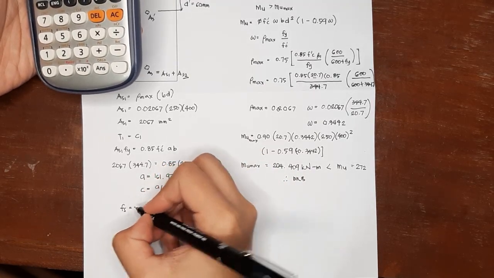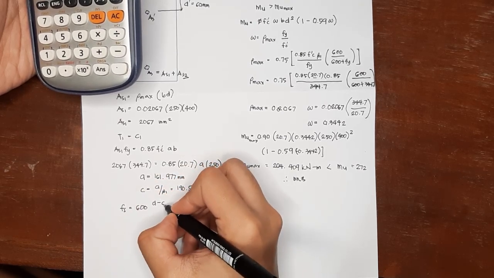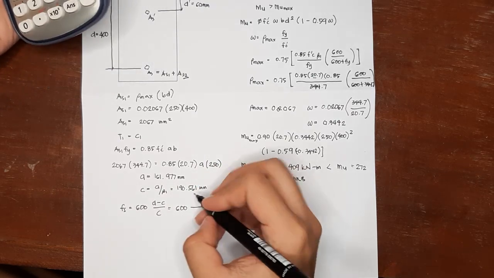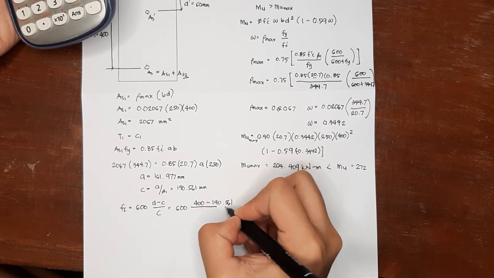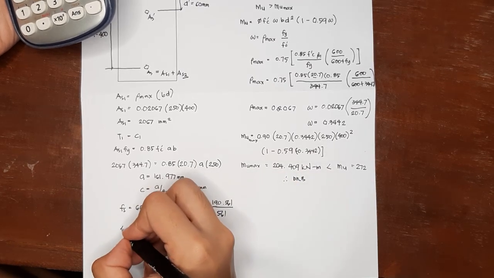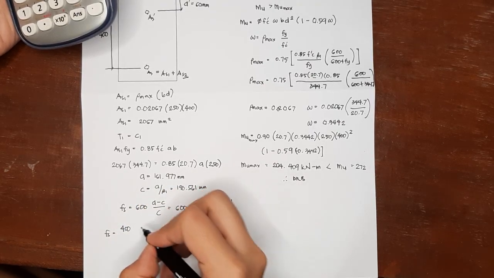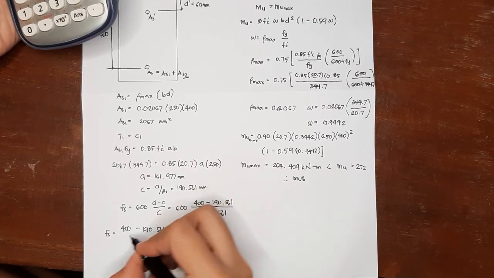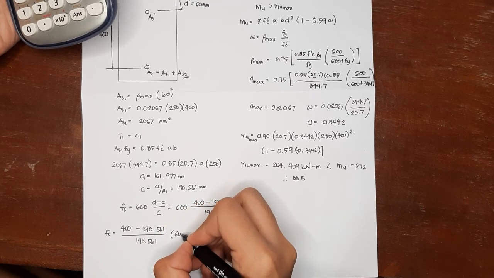For tension, the formula would be 600 multiplied to D minus C over C, wherein 600 multiplied to D, what is your D? That is 400 minus C of 190.561 all over C of 190.561. This is Fs, 400 minus 190.561 over 190.561 multiplied to 600.